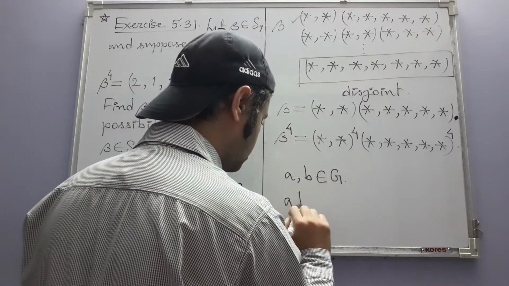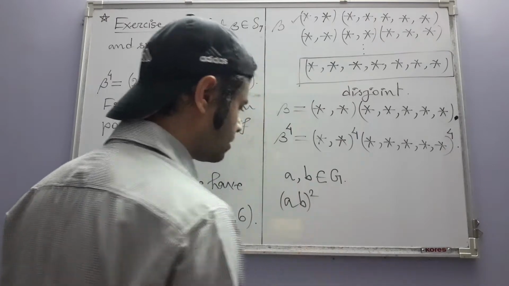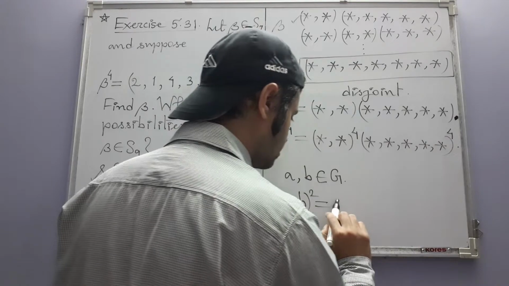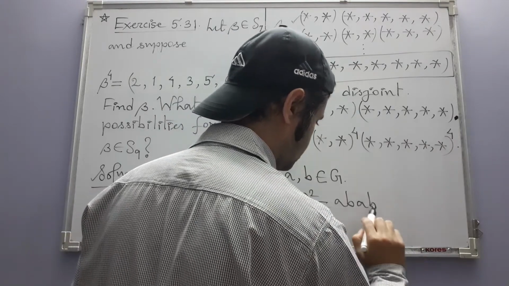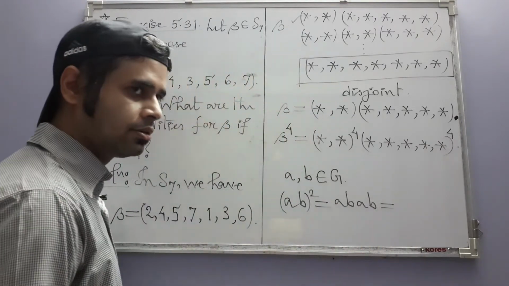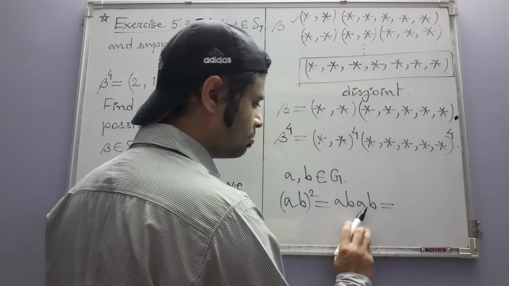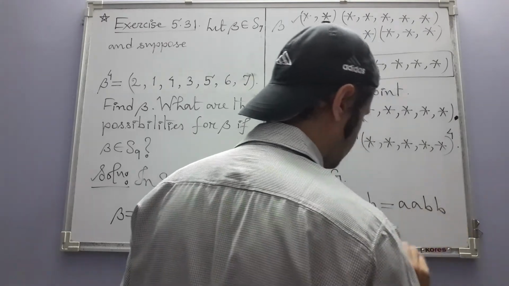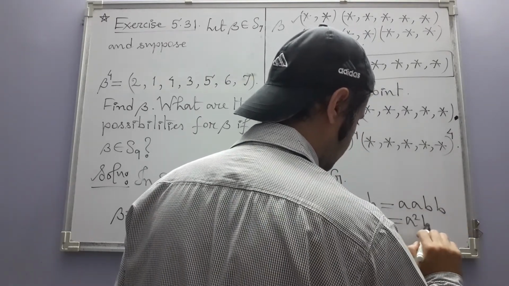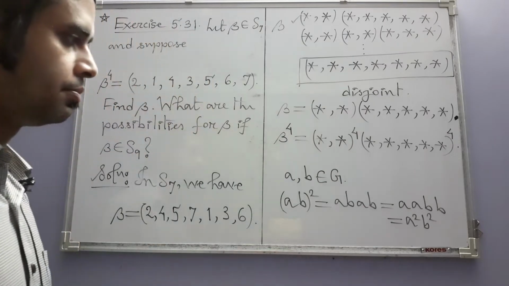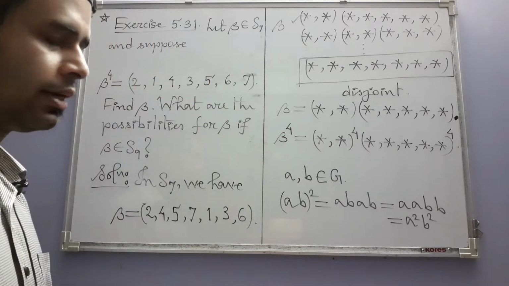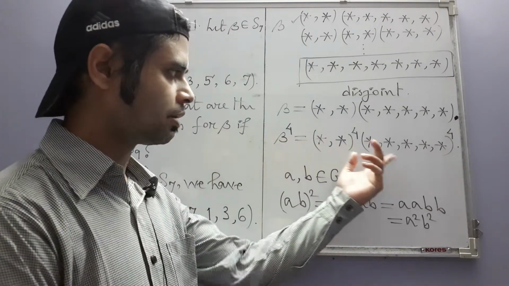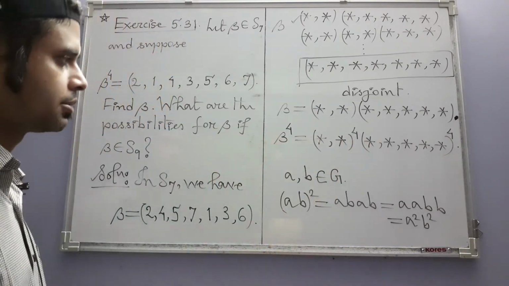Okay, then you calculate the square of the product AB. By definition it is ABAB. But because A and B commute, in place of this middle BA, you can write AB. So you have A square, B square. So you can clearly, very naturally extend this. So the 4th power will also be the product of the 4th powers.